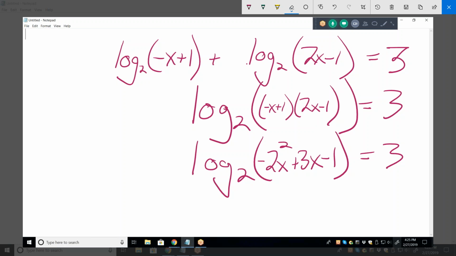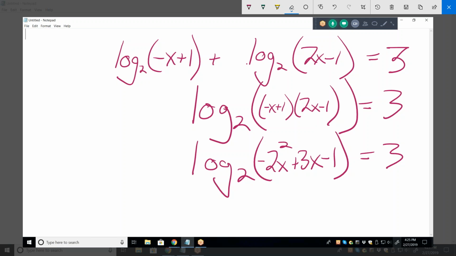So, the rule I remember when I'm turning a log into an exponential, do you know how to do this? I think so. Okay, what is it? So if it's log base b of a equals x, then you have to turn it into y equals a b to the x.